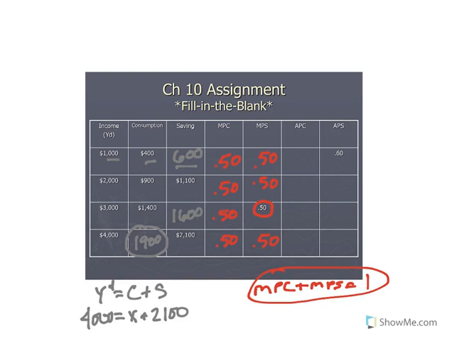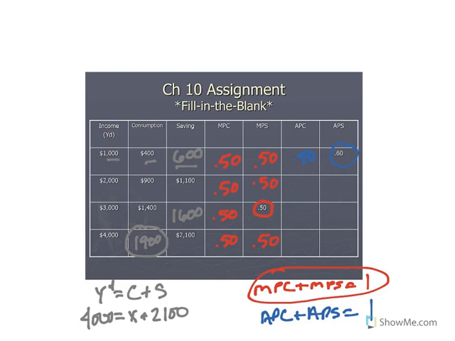And then the last two columns of data, that's just your APC and your APS. So for the first one, you can use the shortcut because, again, you know that APC plus APS equals 1. So if APS equals 0.6, that means APC has to equal 0.4. However, for the rest of them, we will actually have to do the calculations because those don't remain constant.